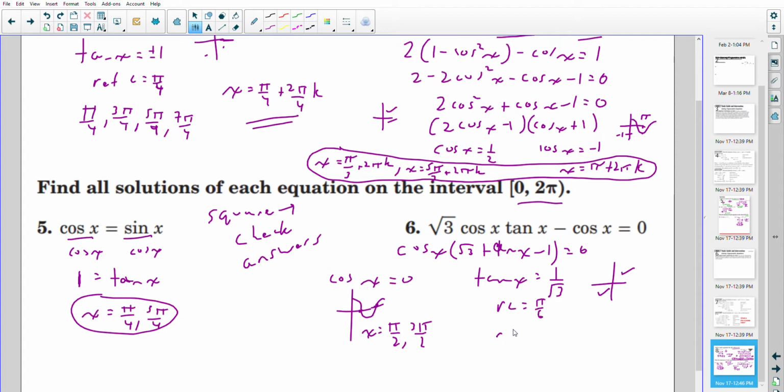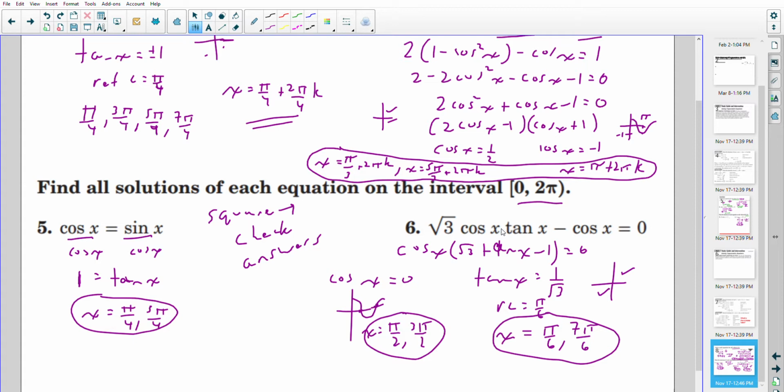And so my x in this case is going to equal pi over 6, and pi plus pi over 6 is 7 pi over 6. Again, only looking at answers from 0 up to 2 pi not including, so that's going to give me those answers.